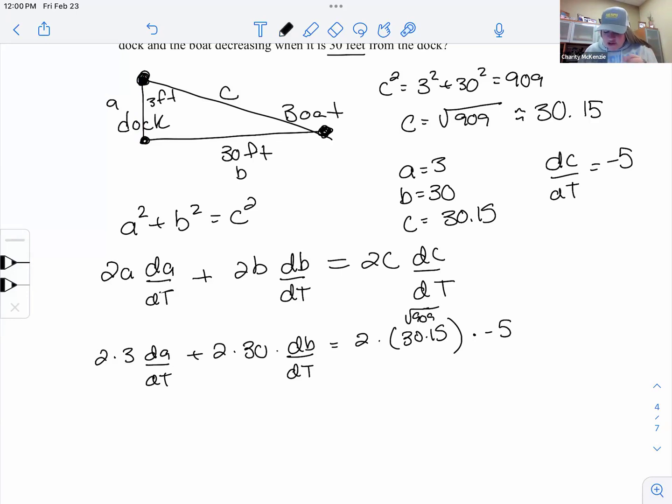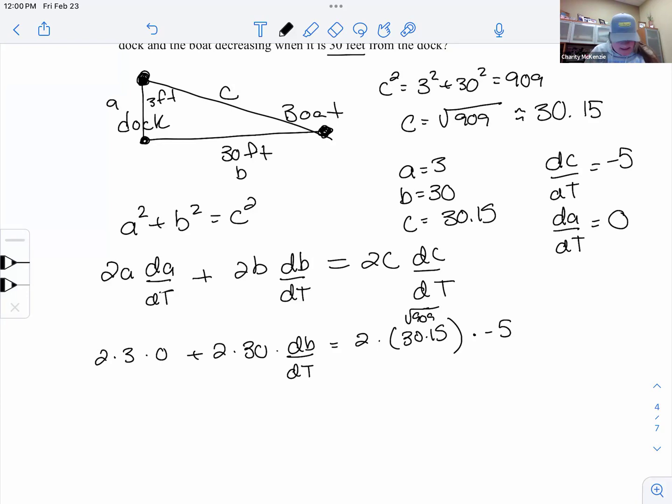So we could actually do dA/dt as 0. Took me a sec to remember that, basically our dock, that part isn't changing, the 3 feet. We're still standing at 3 feet pulling it in.